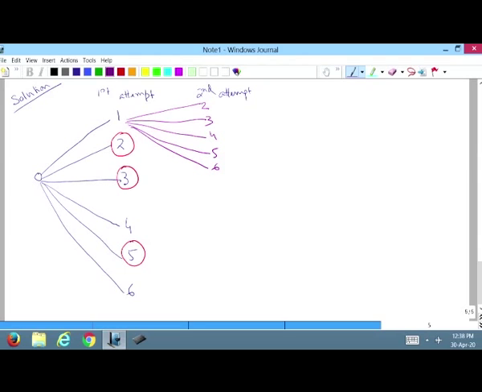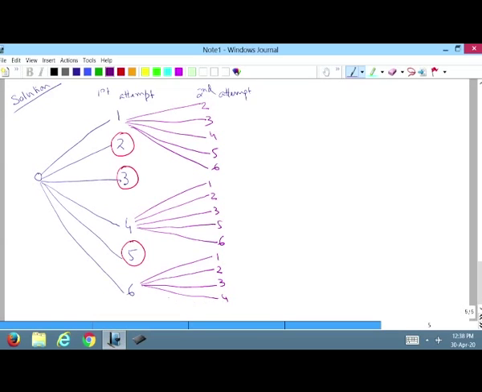If we have got a 4, then in the second attempt we can get 1, 2, 3, 5 or 6, and if we get a 6, then in the second attempt we can get 1, 2, 3, 4 and 5.